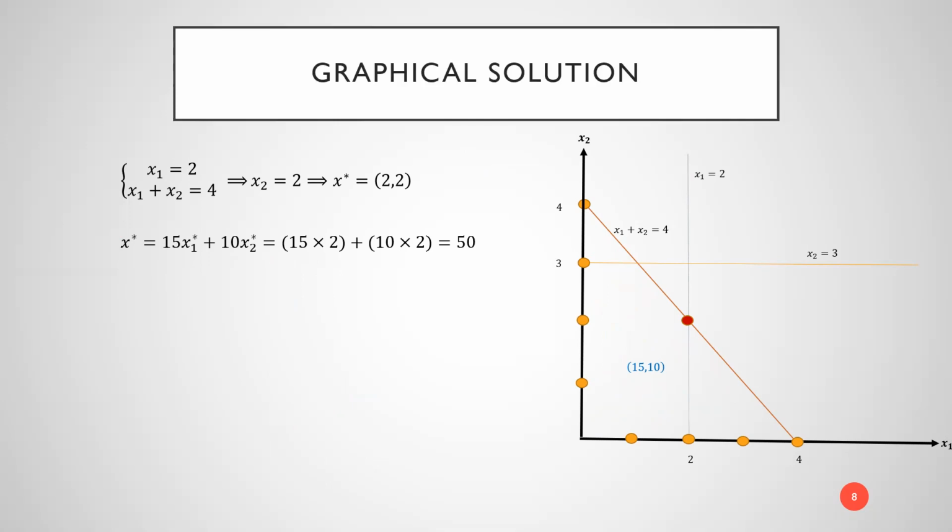So the optimum point is 2 and 2, x1 equal to 2 and x2 equal to 2. And again, by replacing this in the objective function, I will get the optimal value of the whole model, which is 50.